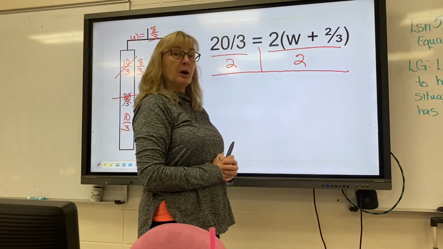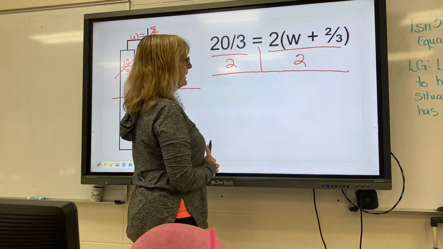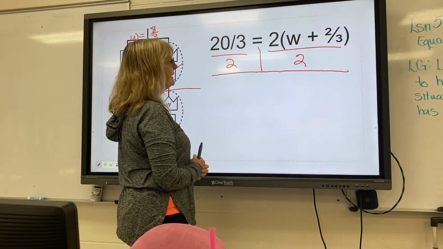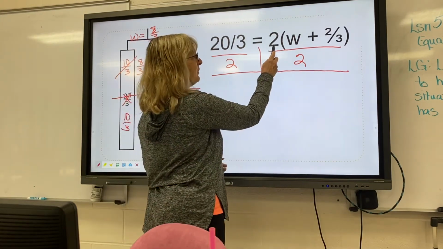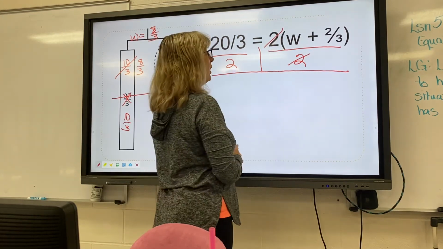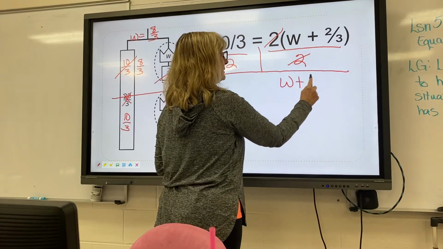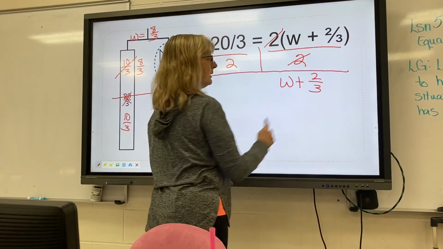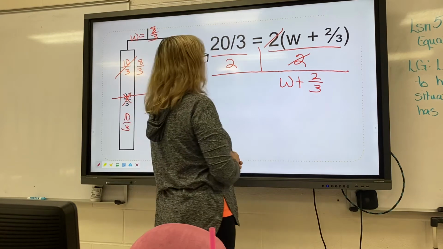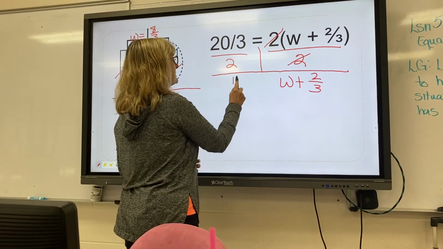Remember, the division property of equality says if I divide one side, I have to divide the other side by the same thing. Why did I choose to do that? I want that to go away. So 2 divided by 2 is 1, and then 1 times that is just going to be W plus 2/3. I'm working on getting that W isolated. 20 thirds divided by 2 is 10 thirds.